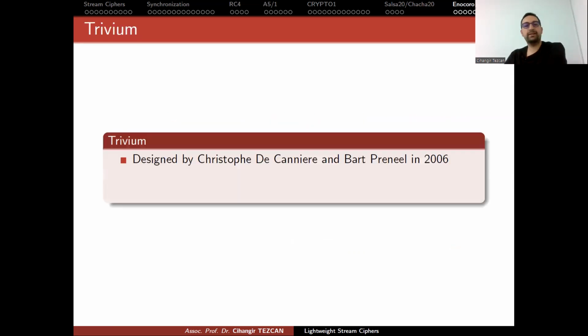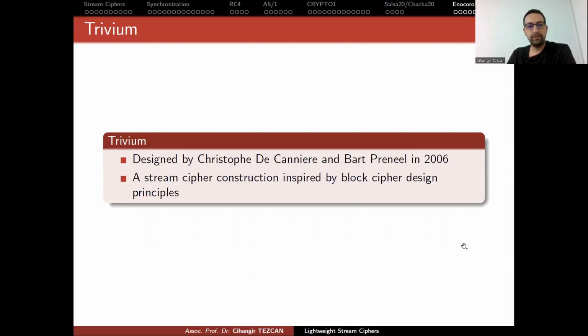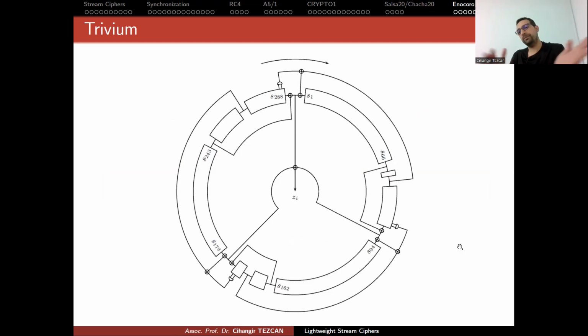And the second standard is Trivium, designed by Christophe De Cannière and Bart Preneel in 2006. This is a stream cipher construction inspired by block cipher design principles. So I will only show you the picture. And so actually, this is a very huge internal state. As you can see, I think 288 bits.